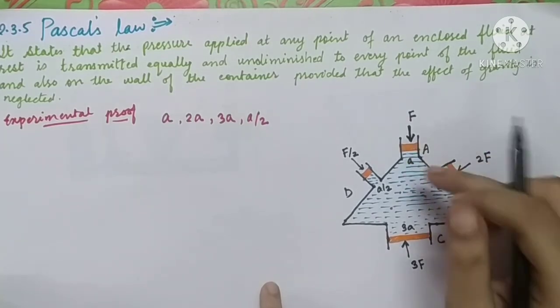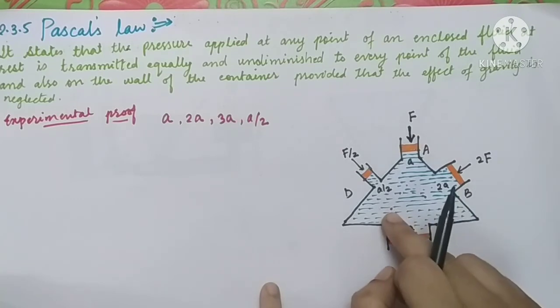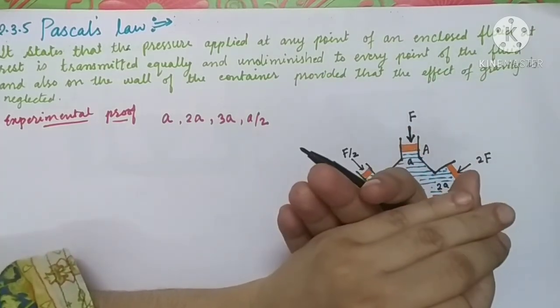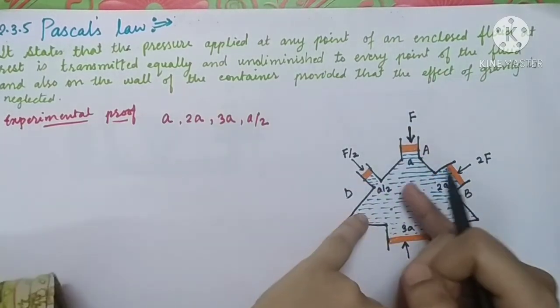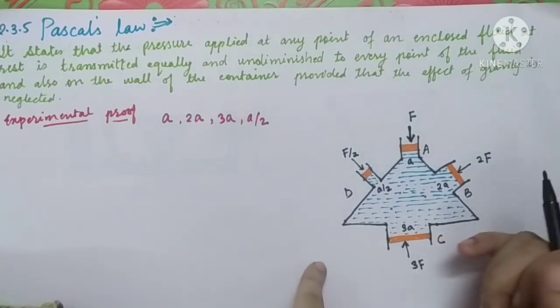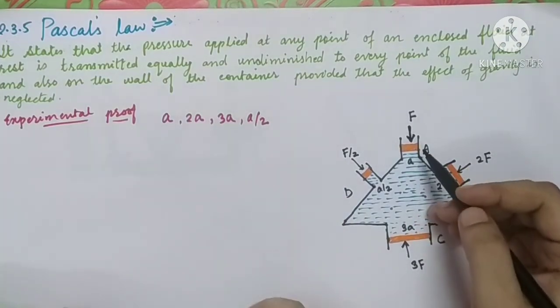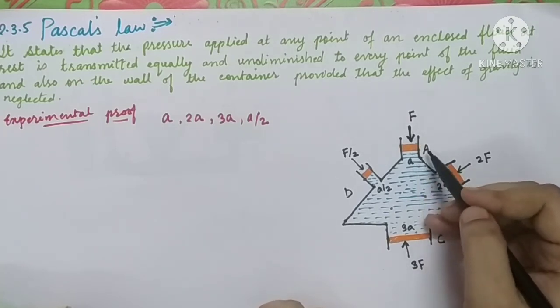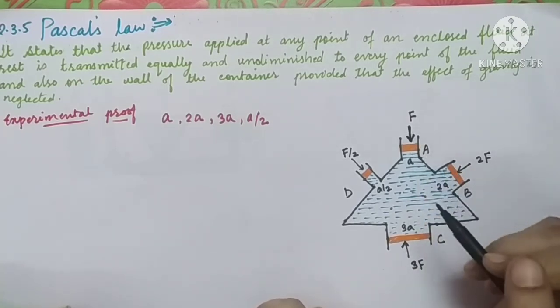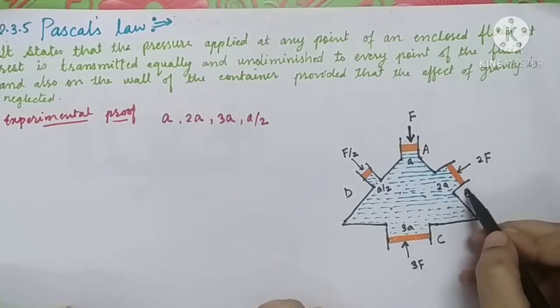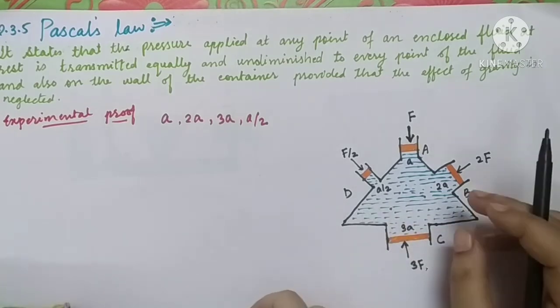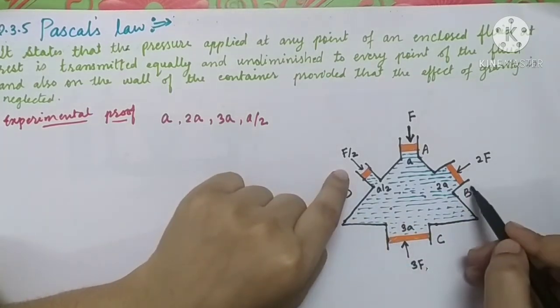So what will happen? We all know from the properties of a liquid that the liquid is incompressible. You cannot compress it. If you try to compress it, it will flow in another direction. So when you apply the compressive force to the opening A, you will see that the pistons B, C and D will move outward.